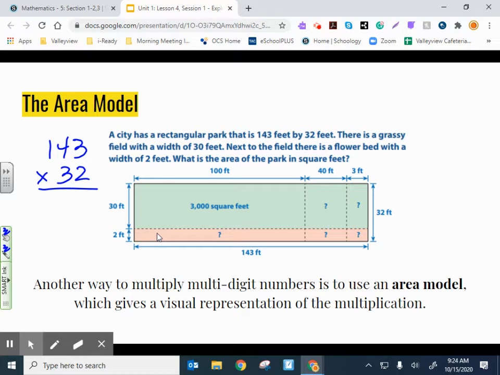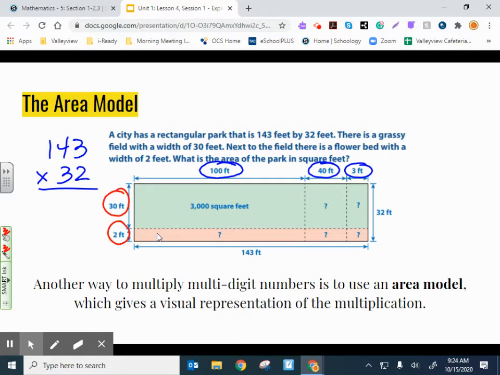But if you notice, it breaks down the 143 into 100, 40, and a 3. Basically, our hundreds, our tens, and our ones spaces. It breaks the 32 into 3 tens and 2 ones.